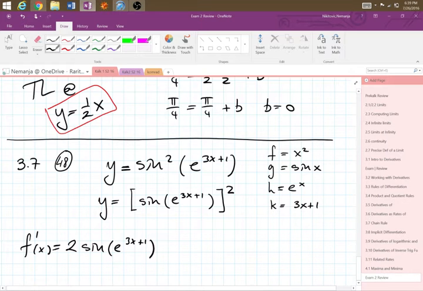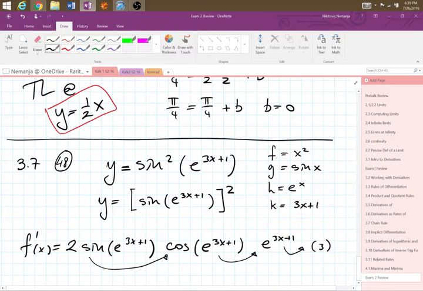Then the derivative of the inside, which is sine, so the derivative of that is cosine, and then copy again that stuff. Then the derivative of the inside is e to the 3x plus 1, and the derivative of the inside is going to be 3. So we have 1, 2, 3, 4.